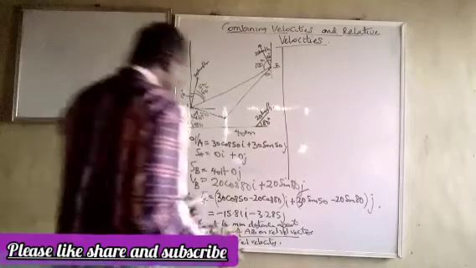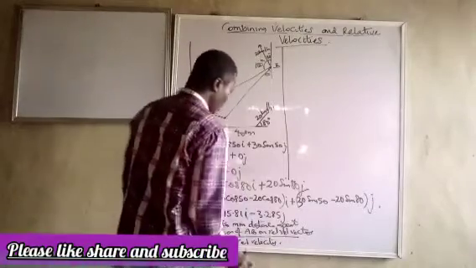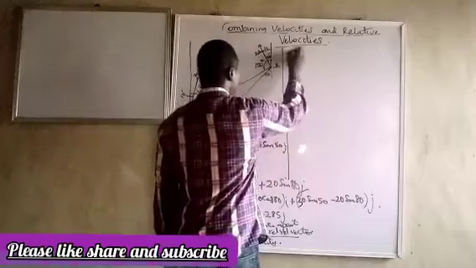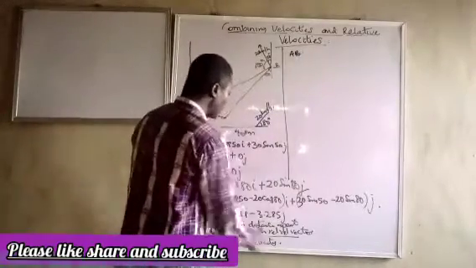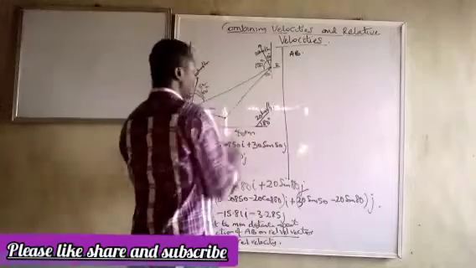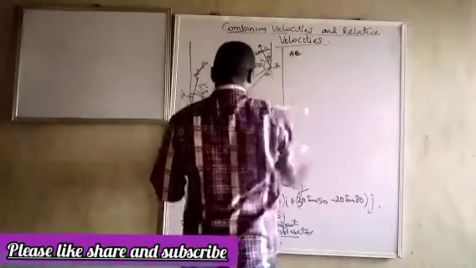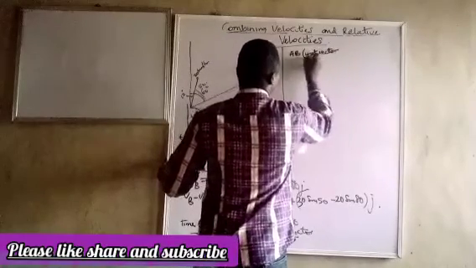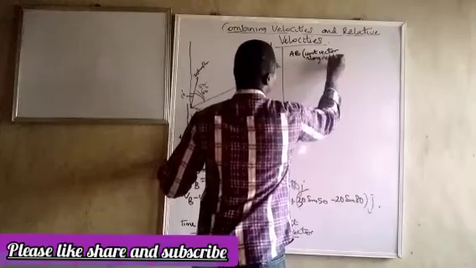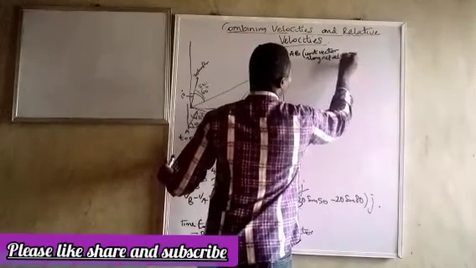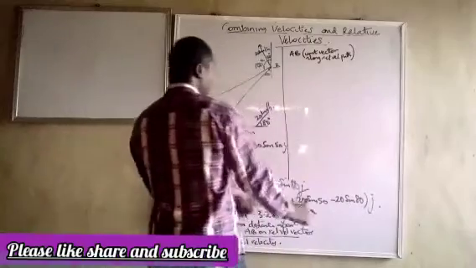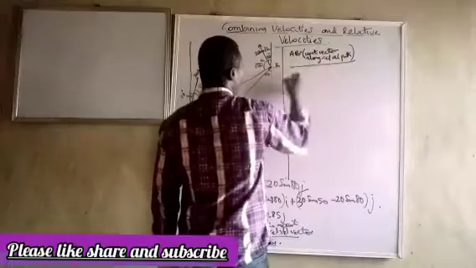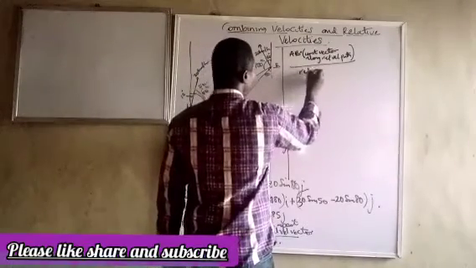So to get the projection of AB on relative velocity vector, what we are going to do is to multiply AB dot unit vector along the relative velocity path, and that is the projection, over the relative velocity.